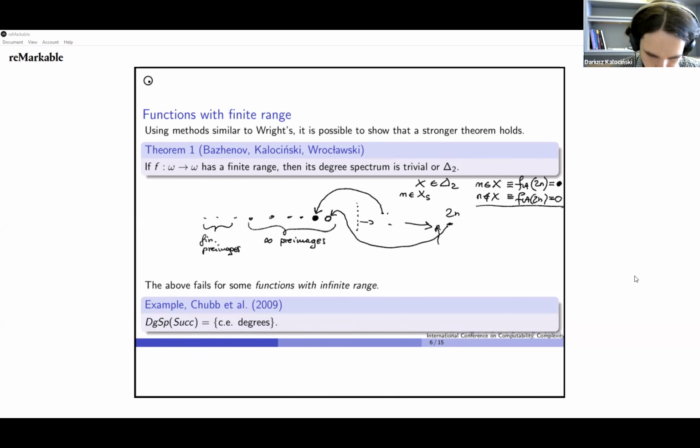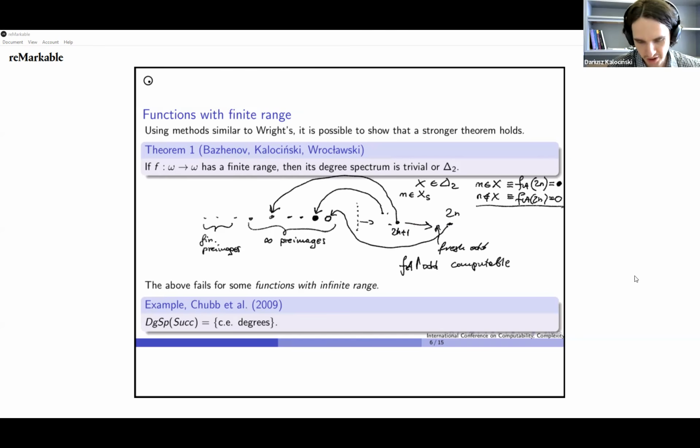We push by inserting fresh odd elements, and eventually the restriction of this function to odd numbers will be computable, because whenever we put some odd number mapped to, say, this element, when pushing, we can always find a further point where the target of the arrow is preserved precisely to the same point.